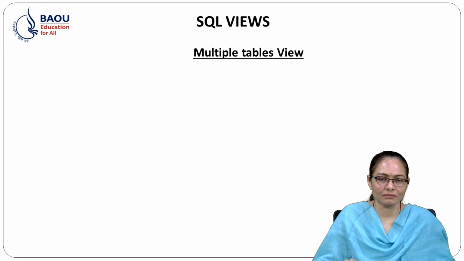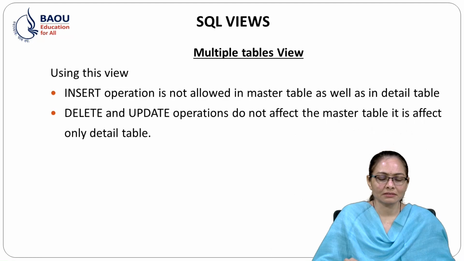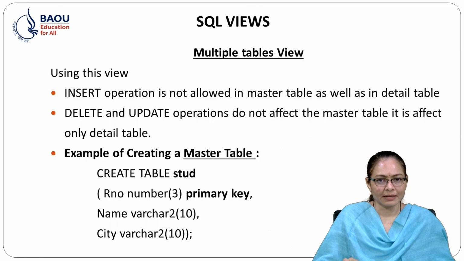Multiple table views. Using this view, the insert operation is not allowed in the master table as well as the detail table. Delete and update operations do not affect the master table; they affect only the detail table. For example, creating the master table view.